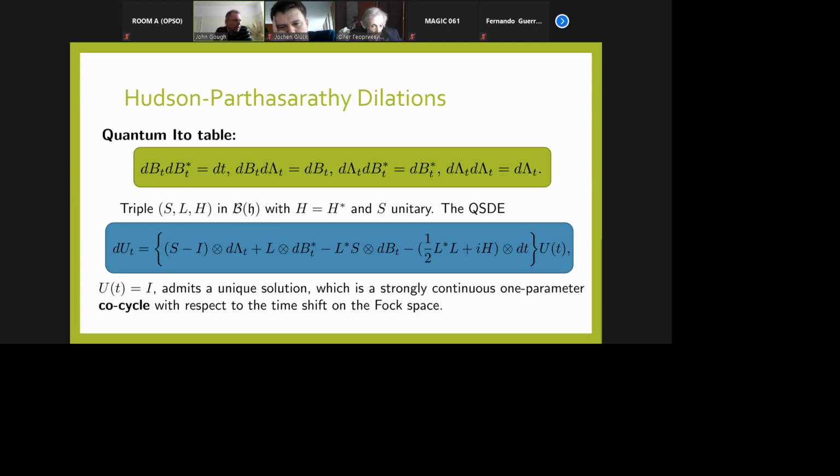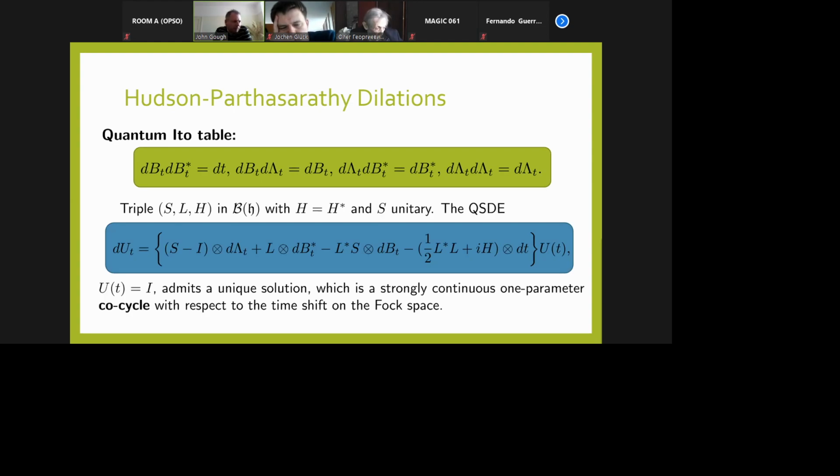This is the Ito table which accompanies it. So we've seen this in several guises. You can also describe this at the level of white noise, which Henry Norden did formally in his talk a day or two ago.